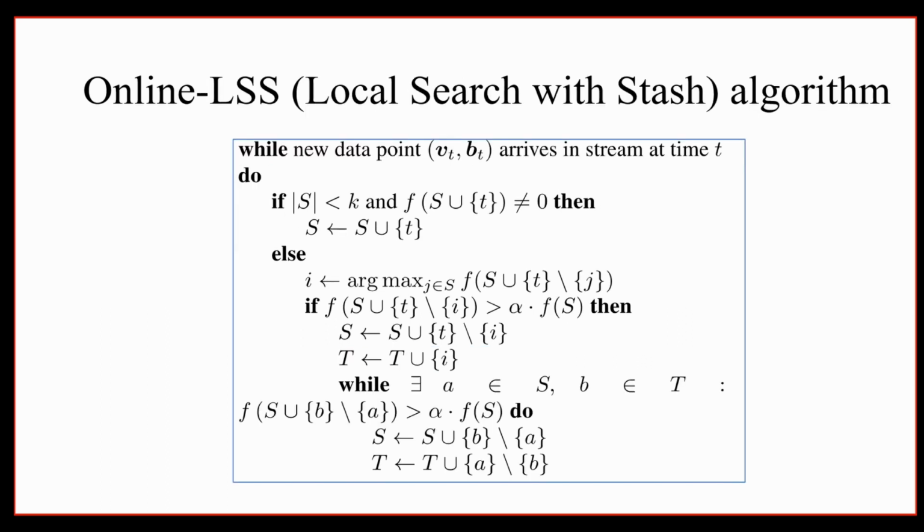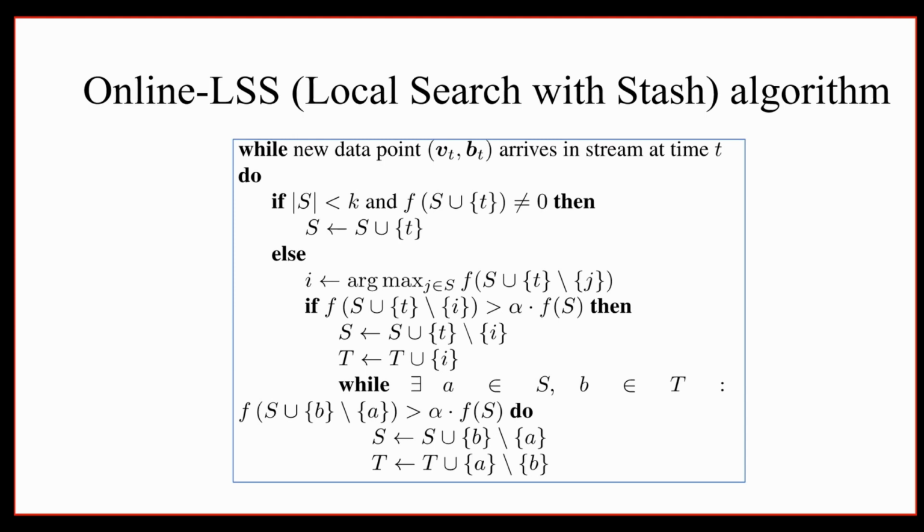Then you also have a more complex algorithm, which is called the local search with stash algorithm. So here, instead of just looking at one item, you have some buffer of items, and whenever you get a new item, you add it to that buffer, and then you perform a local search with up to some number of elements.